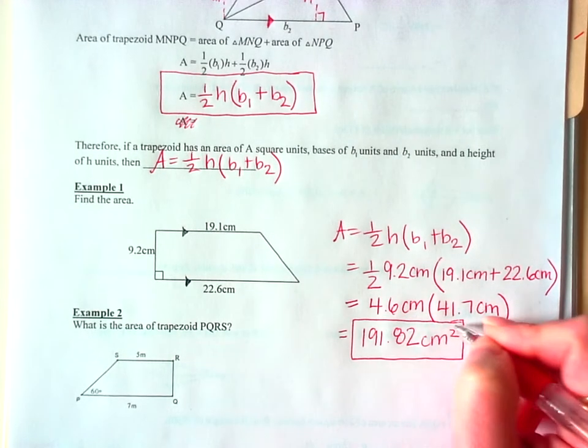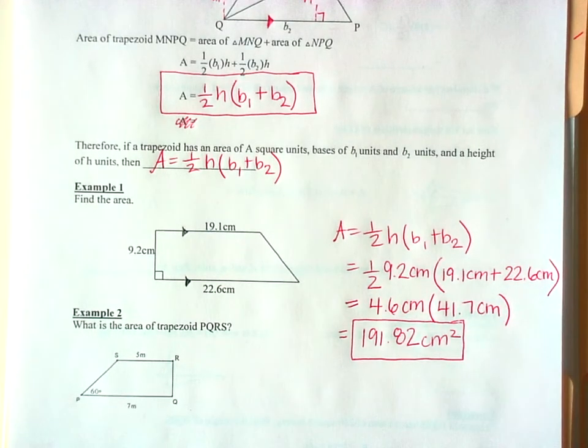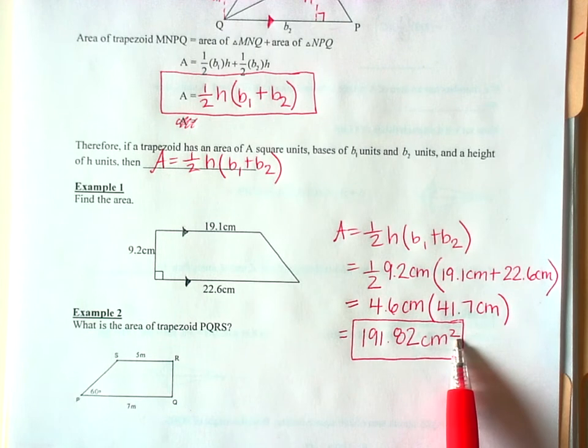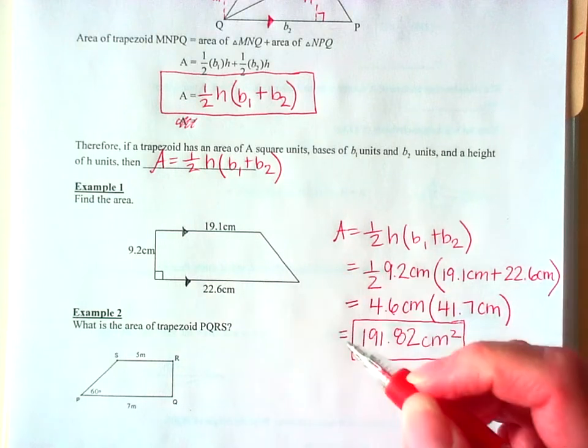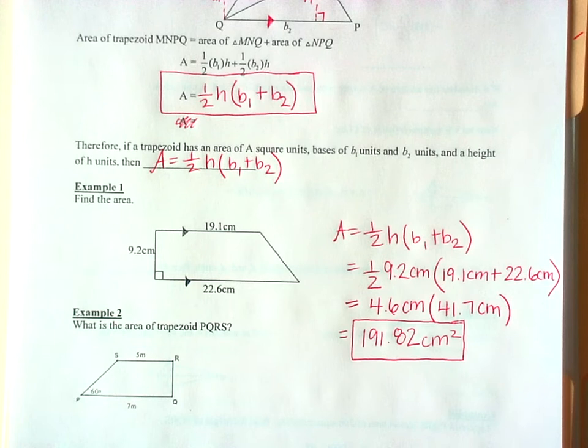So you probably noticed that yesterday. Area is always some unit squared, okay, because area is two-dimensional. What does centimeters squared look like? Another way of saying centimeters squared is saying square centimeters.